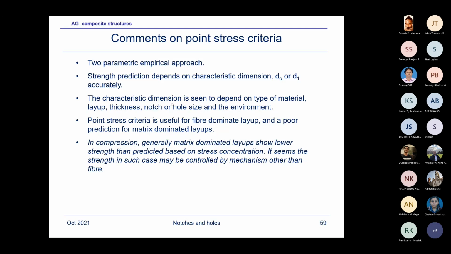It seems the strength in such a case may be controlled by matrix mechanisms rather than fiber. So our experience has been that sometimes the compression strength may be lower than even the stress concentration factor for the hole. So again, it has to be validated by test properly.